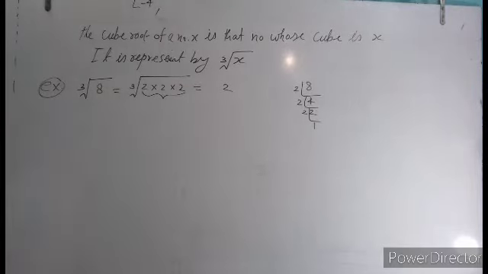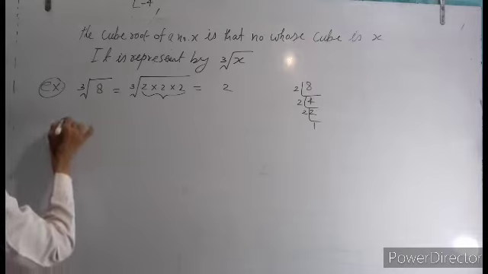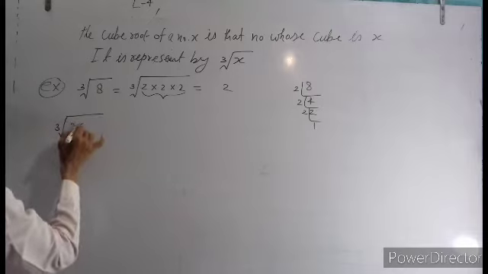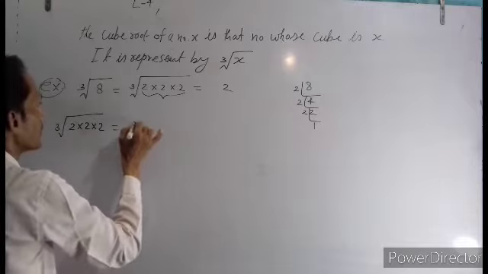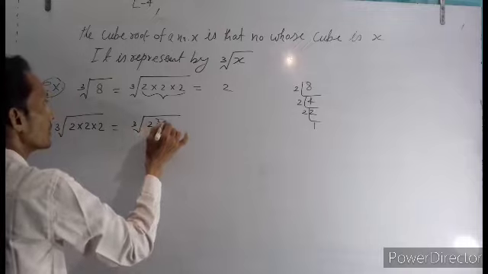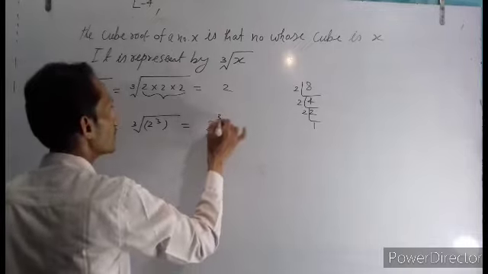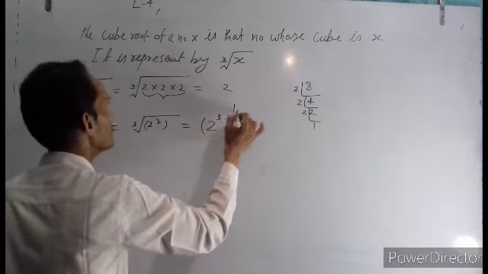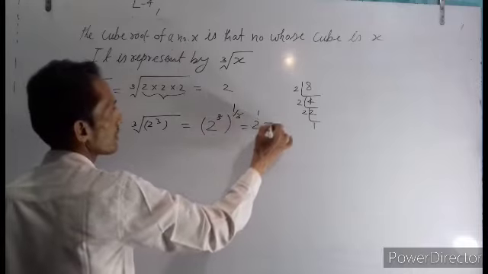Another way you can write it: 2 times 2 times 2 is the cube root of 2 raised to the power 3. The power 1 by 3 will cancel with the 3, giving 2 raised to the power 1, which is 2.